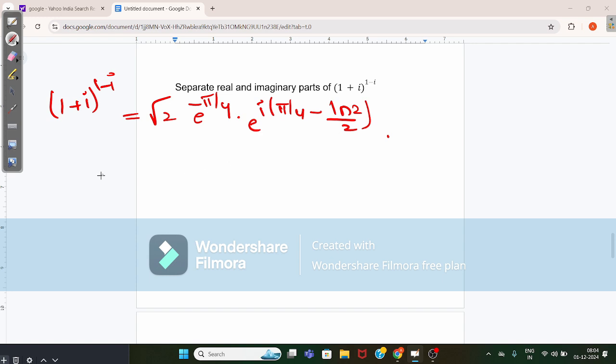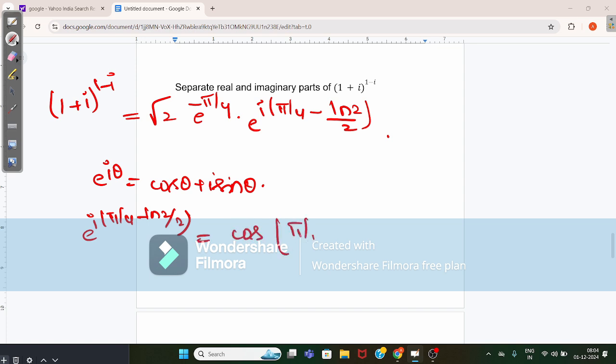Take e power i theta as cos theta plus i sin theta. So what is the value of theta here? e power i (pi by 4 minus log 2 by 2) can be written as cos (pi by 4 minus log 2 by 2) plus i sin (pi by 4 minus log 2 by 2).